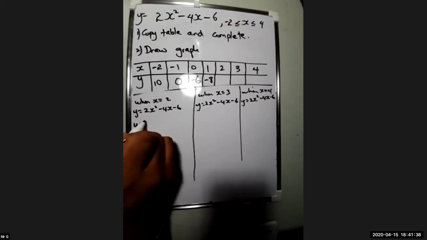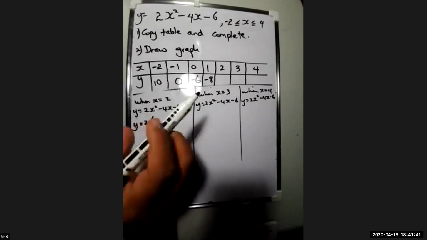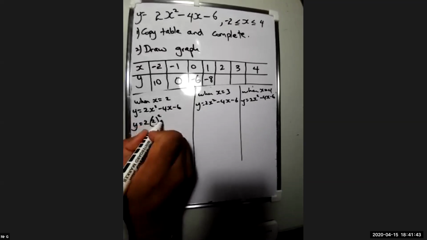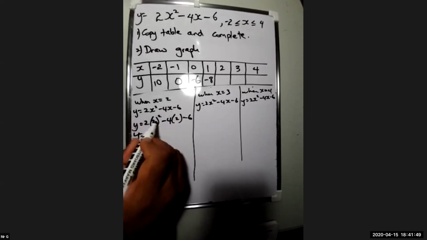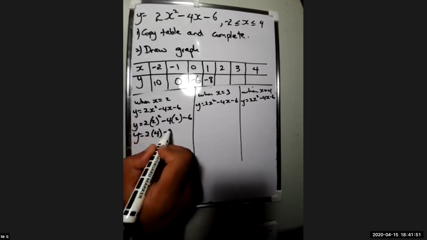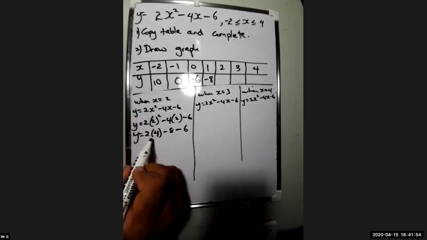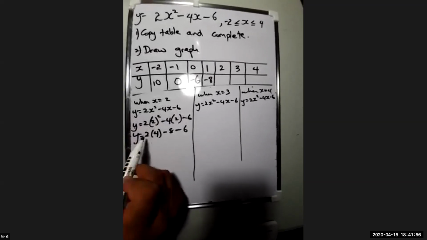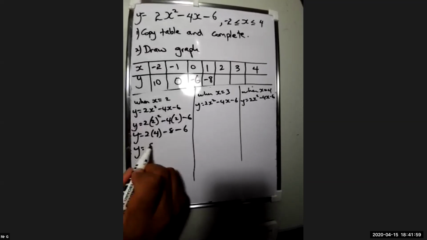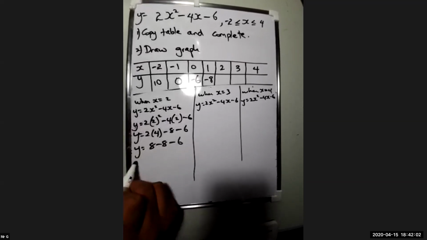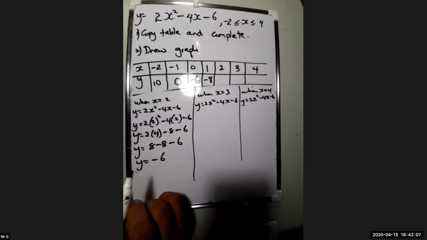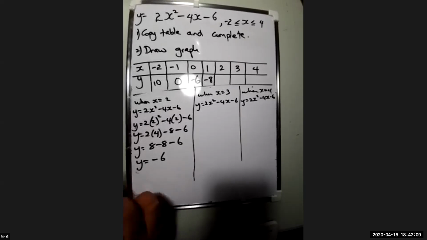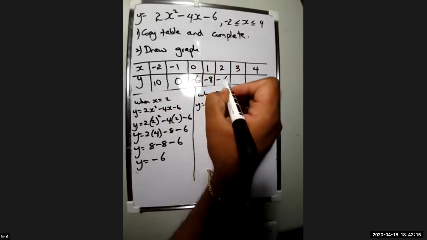In this case x is 2, so 2 into 2 squared minus 4 into 2 minus 6. 2 squared is 4, minus 4 2s are 8, minus 6. So here is where you went wrong. It's 2 by 4, which is 8, minus 6. So this will cancel off, so we get minus 6. So when x is 2, y is negative 6.